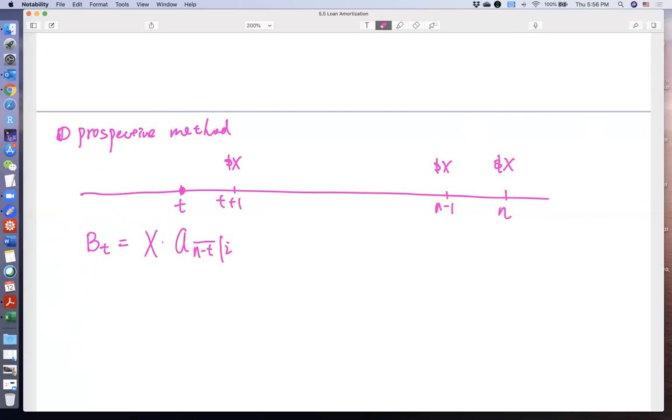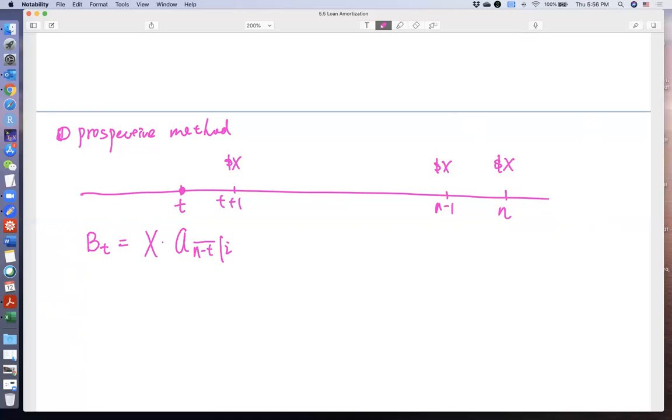That's exactly why we call it prospective, because we look into the future. We look into the future to see how many more payments we will need to pay. That's why it's called the prospective method.